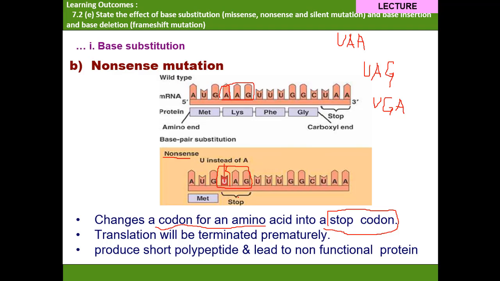UAG codes for a stop codon. So the translation will be terminated prematurely. As a result, you only get methionine. But over here, you have AAG. AAG codes for lysine. So this is nonsense mutation. It changes a codon for an amino acid into a stop codon.